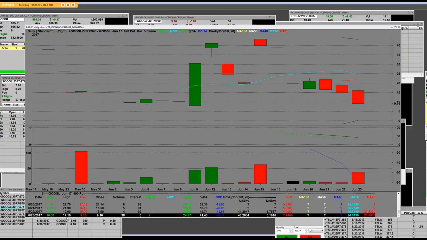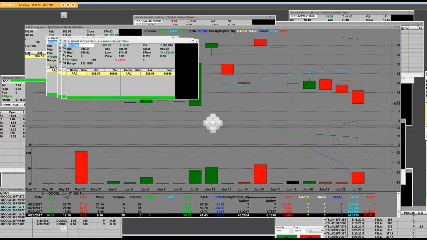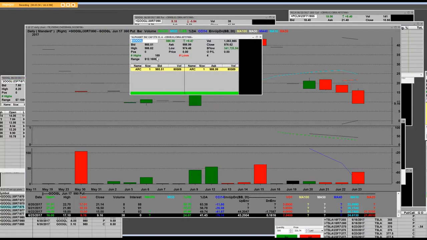The put option had a high on Friday of 1710 on expiration and dropped down to $9.16. Now, this is the side of the market that we're going to be looking at, and Google, and it's in the money. And we can clearly see that Google made 169 highs, 4 lows, money flow, once again, 340 million. And this was the actual range of $12.16.